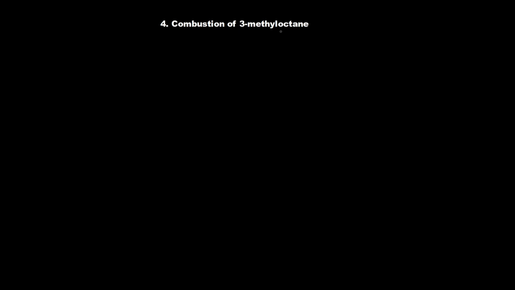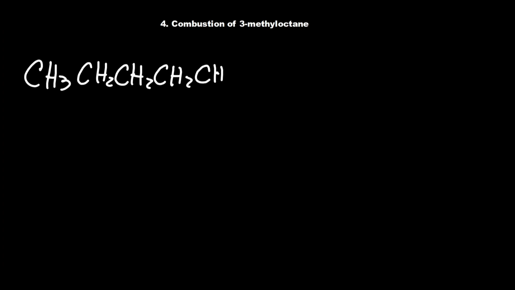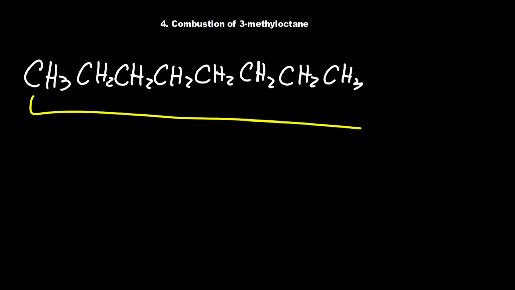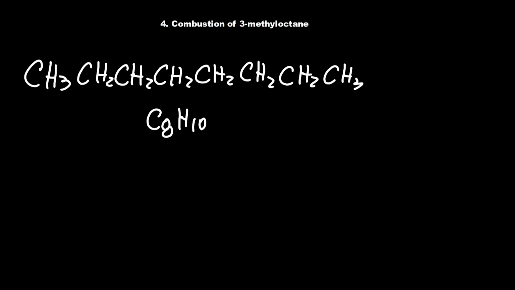So let us first put an octane in here as a condensed structural formula. We have 8 carbon. Now that we have our octane condensed in here, this is actually equal to C8H18. This should be our case if it's only octane, but we have a substituent here, so we would need to put it in this order.